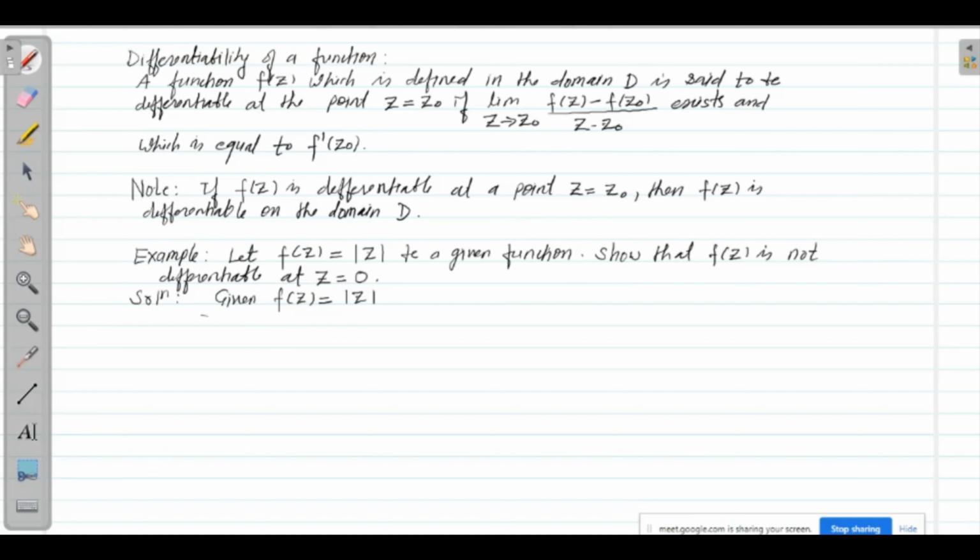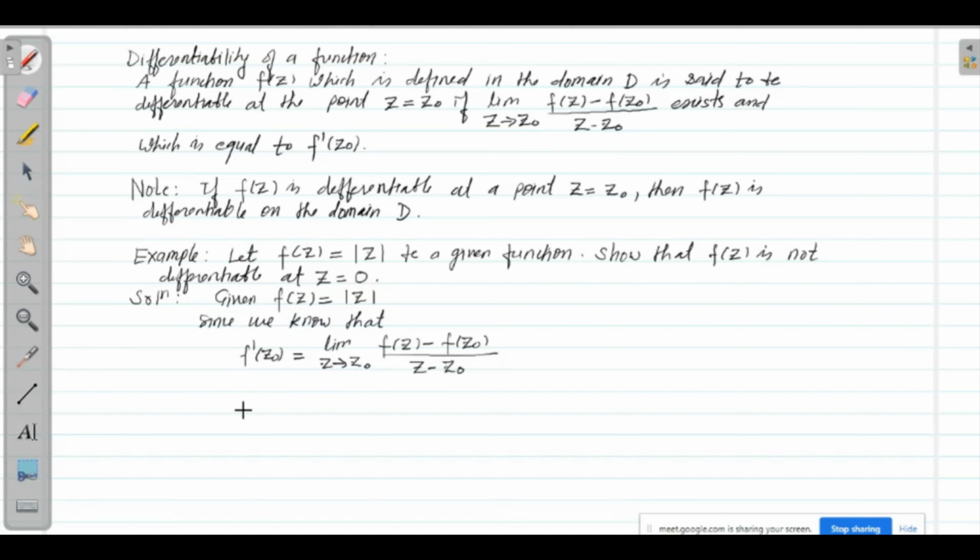Since we know that f dash of z naught equals limit z tending to z naught of f of z minus f of z naught divided by z minus z naught. But here z naught is 0.